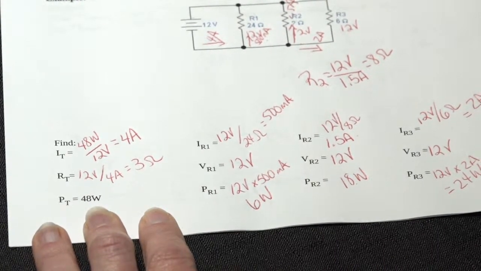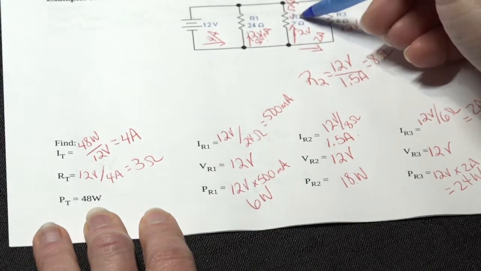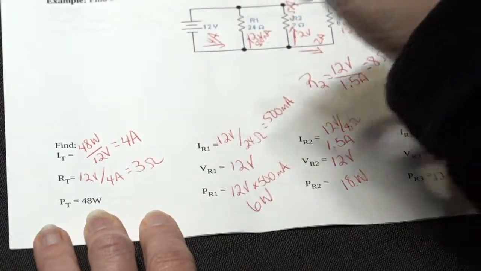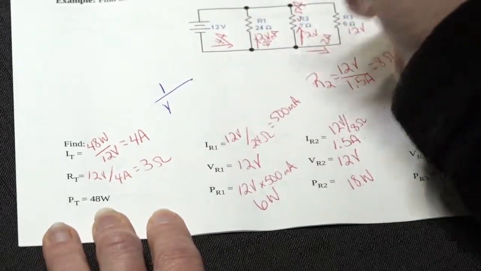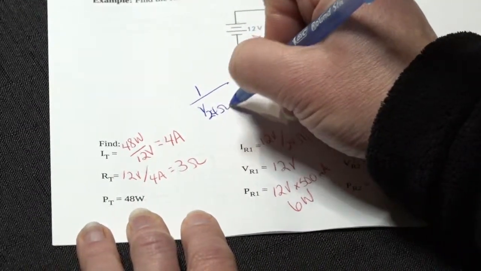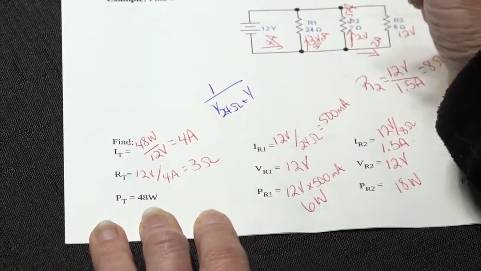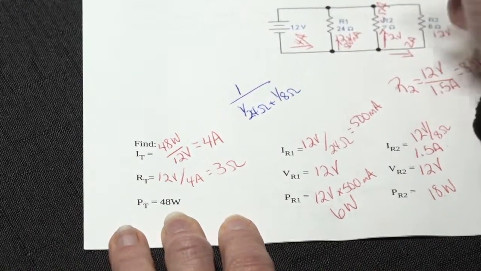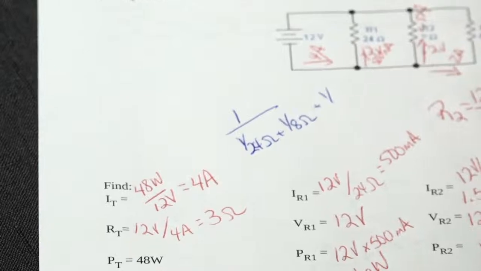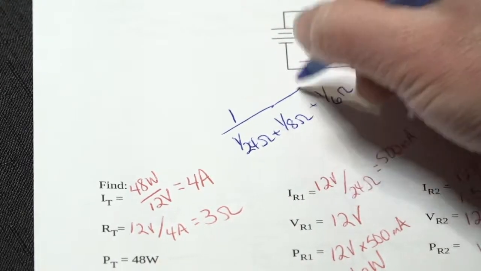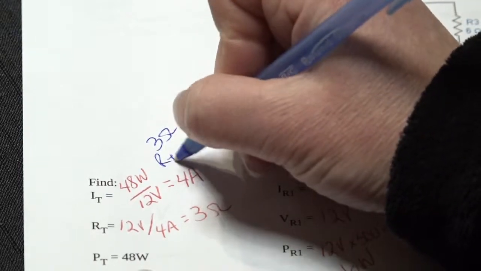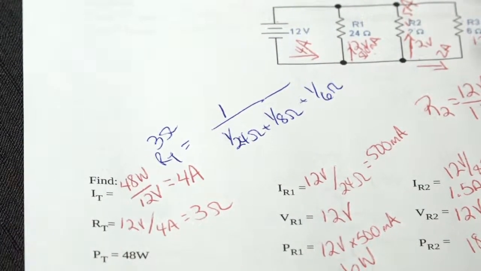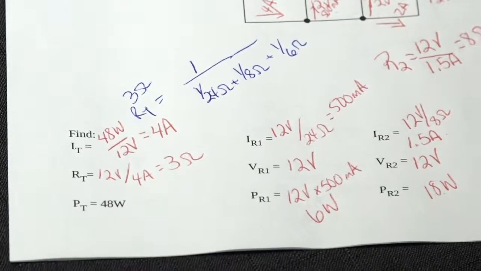Or we could do it, now that we've found that R2 is 8 ohms, we could say 1 over 24 ohms plus 1 over 8 ohms plus 1 over 6 ohms gives us 3 ohms for our total resistance. So everything works out swimmingly.